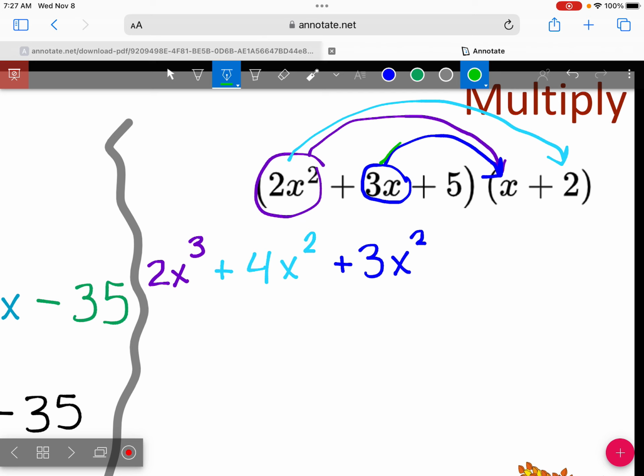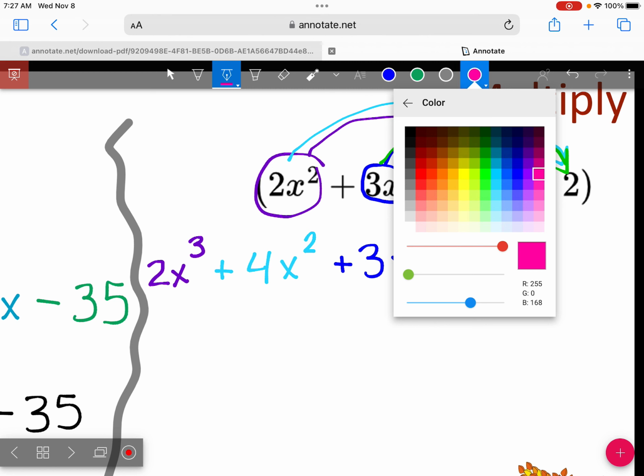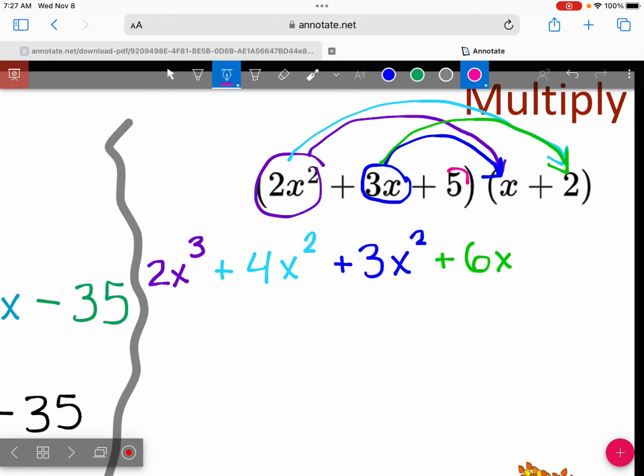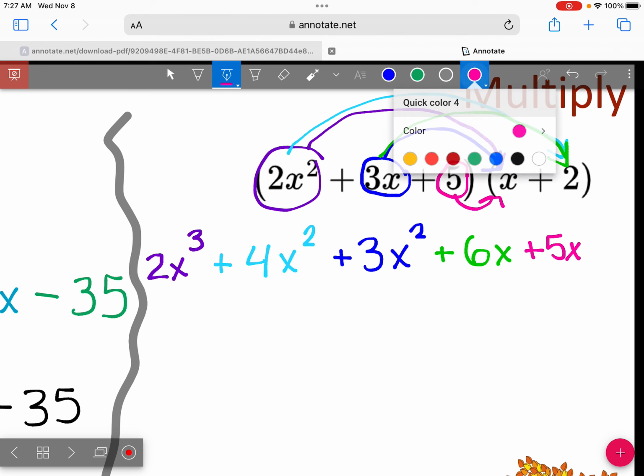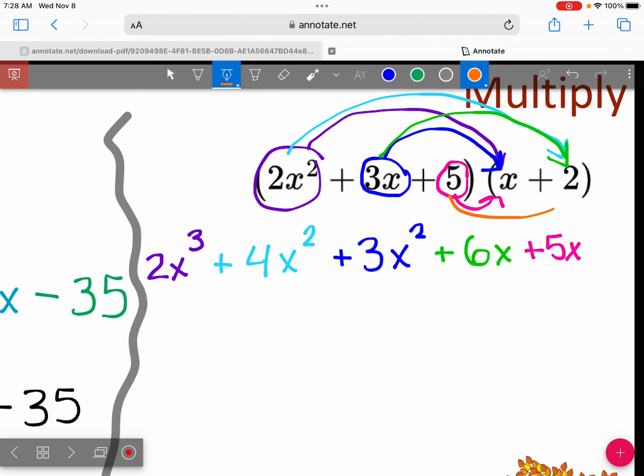And we take our 3x times our 2, and we get plus 6x. Then I'm going to take my 5 out the bottom because it's going to get crissy-crossy on the top. So we have 5 times our x, giving plus 5x. And one last term, where I take my 5 times my 2 to get plus 10.